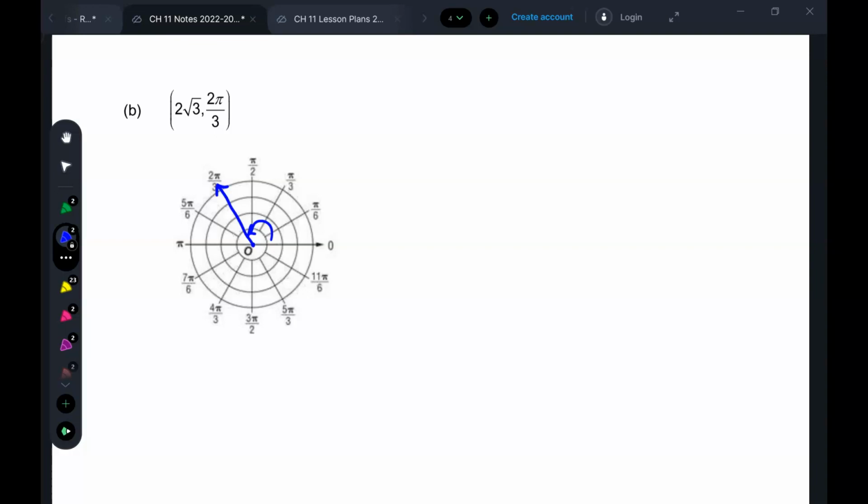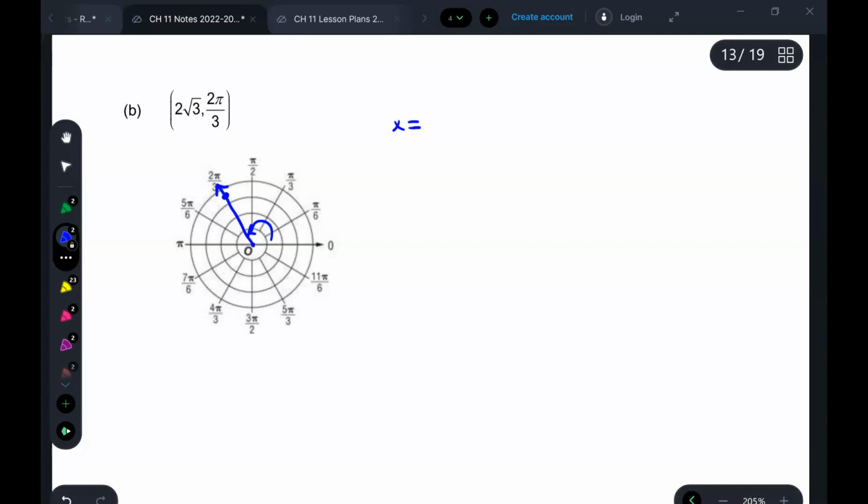We'll say 1.7. So 1.7 times 2 is about 3.4, so we'll go right between 3 and 4. We'll count 1, 2, 3.5, right about there. It doesn't have to be perfect.